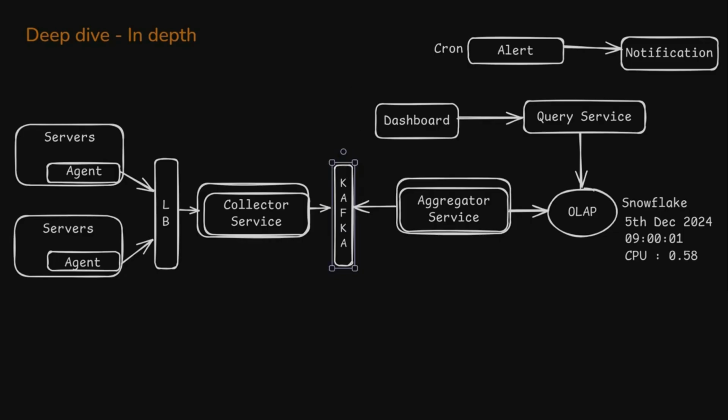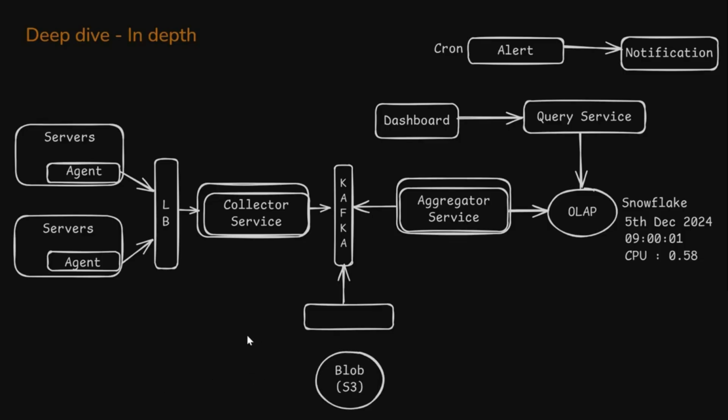So we can have another service which can read this information from Kafka at a millisecond level and just dump it to any blob storage. We can introduce the blob storage, which is cost optimized, S3 as an example.